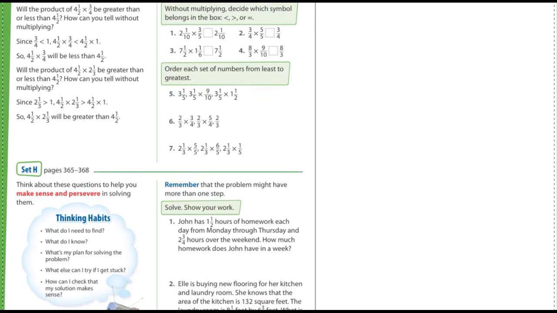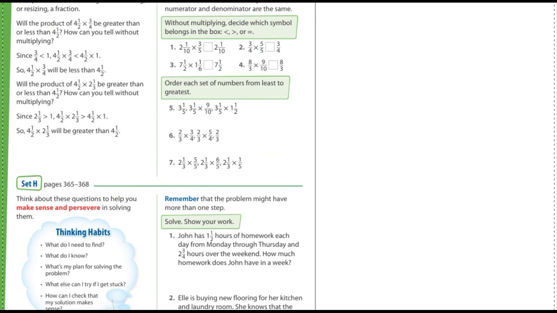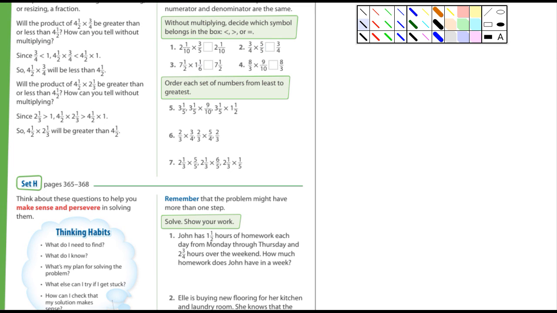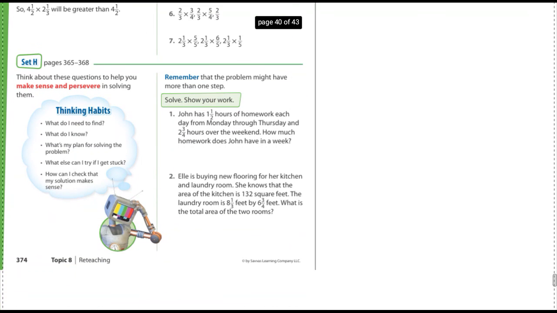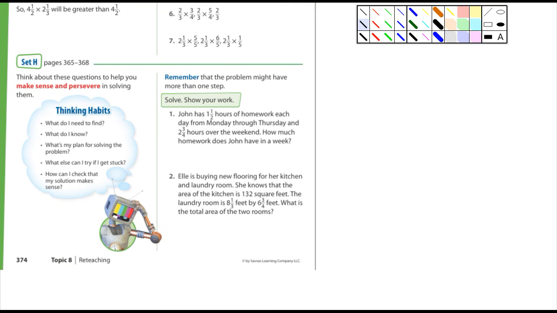I think you guys can do those on your own. And then order these from least to greatest. Don't make the mistake Mr. Glazier made a week or so ago. I think it was Miss Maldonado pointed out that I did one of them backwards. So from least to greatest. And then set H. Looks like a couple word problems. Yeah, you guys could do these.